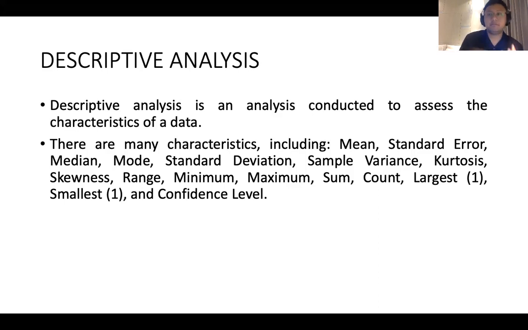Okay, so let me explain some of the basic characteristics, which is for the first one, mean. Mean is the sum of all observations divided by the number of observations.